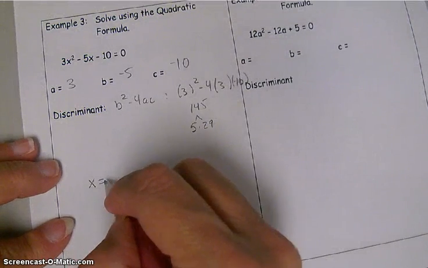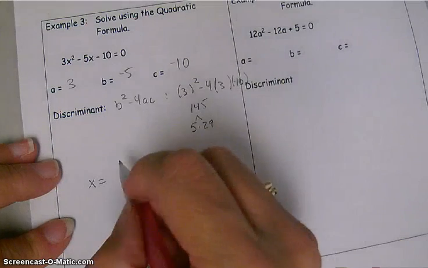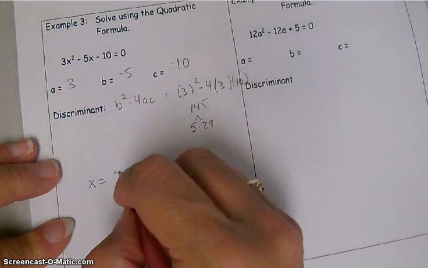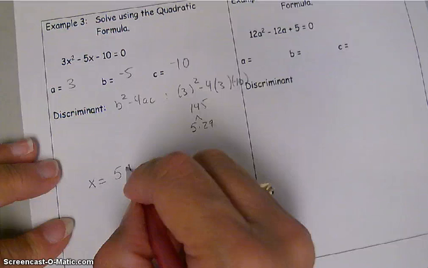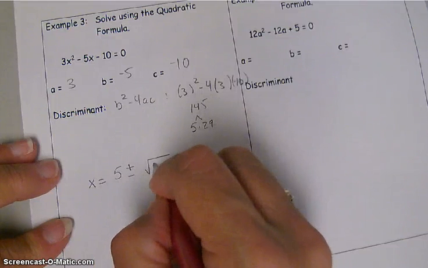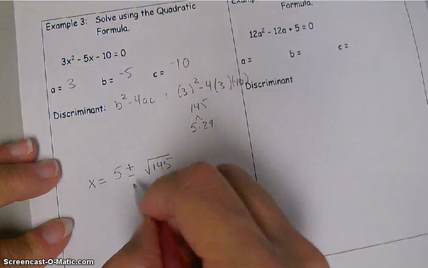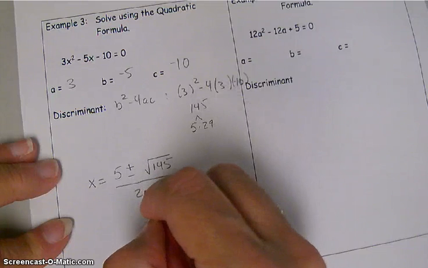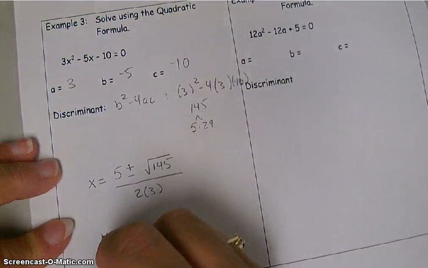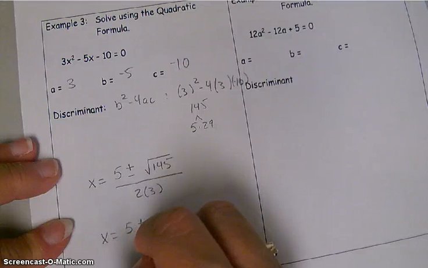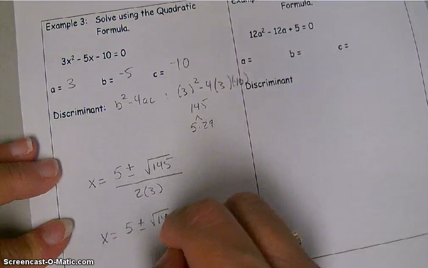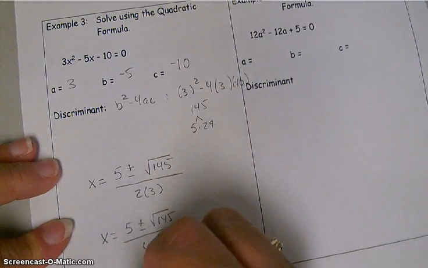So I'm going to substitute into the quadratic formula. X equals -b. Since b was already negative, I switch it to positive, plus or minus the square root of 145 all over 2 times a, which is x equals 5 plus or minus square root of 145 all over 6.